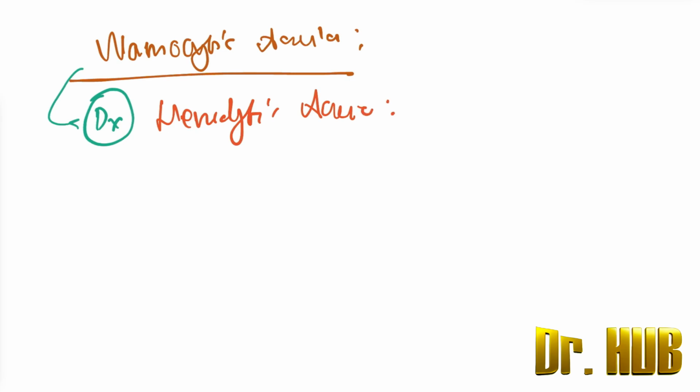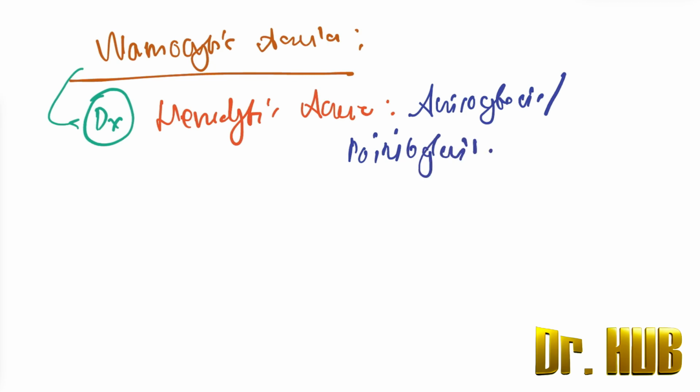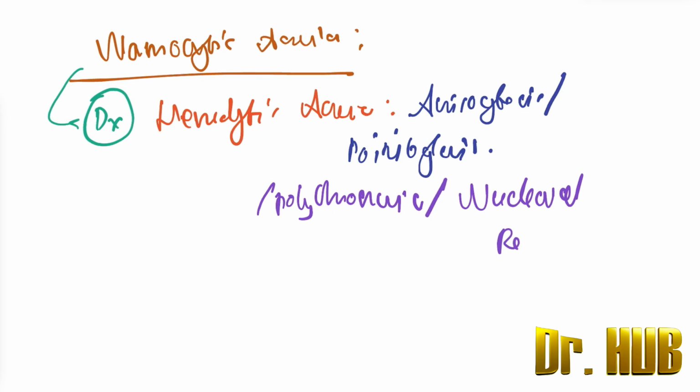Under hemolytic anemia, how is the peripheral blood smear? There is anisocytosis, poikilocytosis, polychromasia, and nucleated red cells.